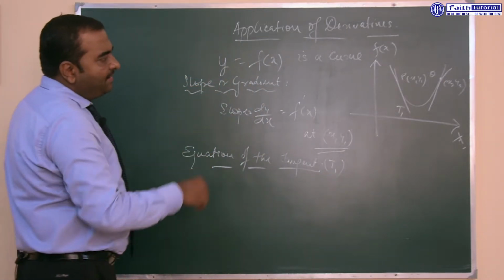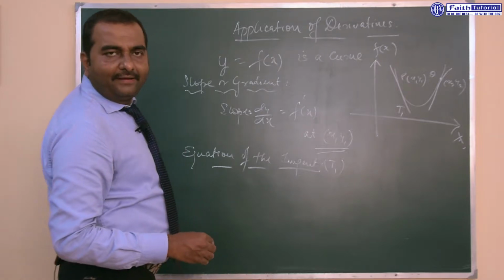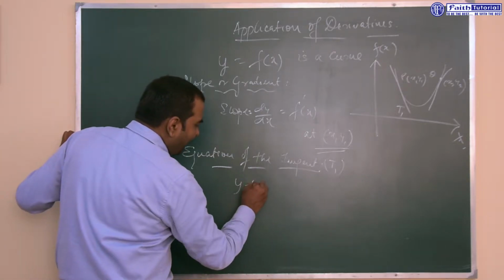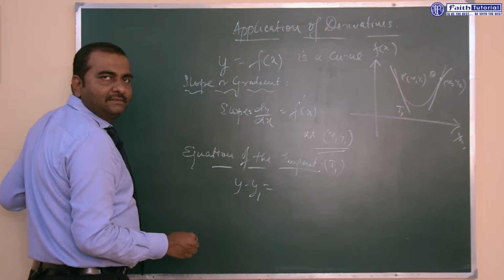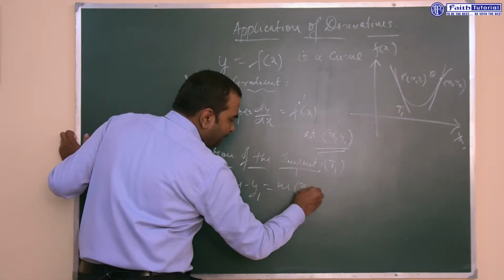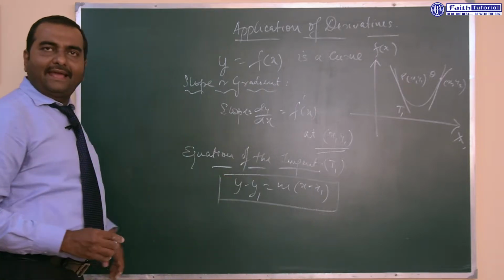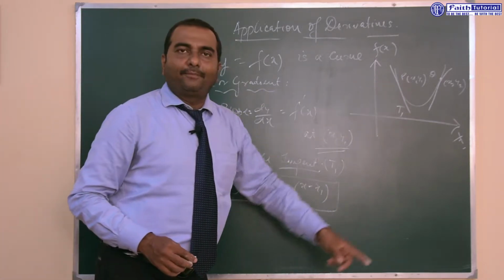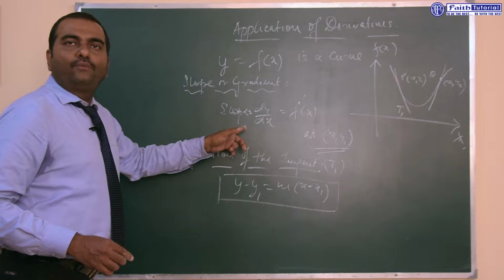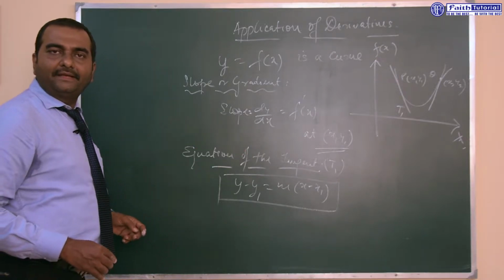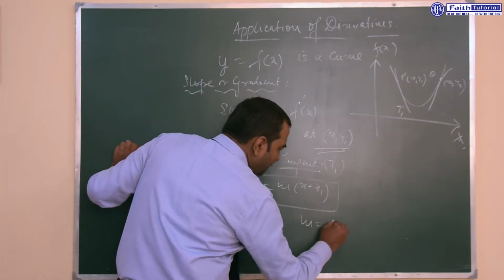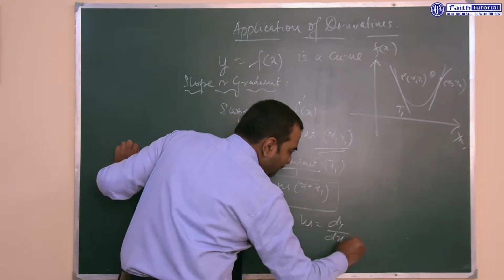The tangent T1 passes through the point x1 comma y1. So we can write it as y minus y1 equals m into x minus x1, the equation of a straight line where x1, y1 is the point and m is the slope, which has already been calculated as dy by dx.